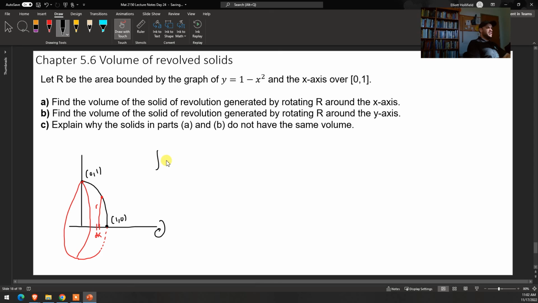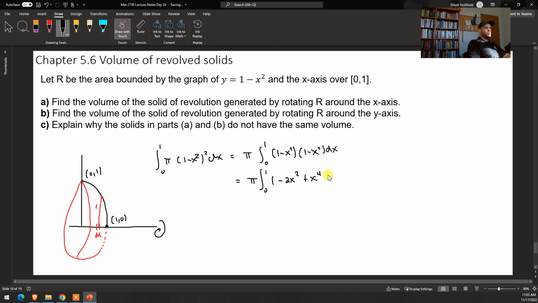Hence, the volume will be given by the integral from 0 to 1 of pi times (1 minus x squared) squared dx. Now we can bring this pi up front and FOIL this term, 1 minus x squared times 1 minus x squared. That gives us the integral from 0 to 1 of 1 minus 2x squared plus x to the 4th dx.